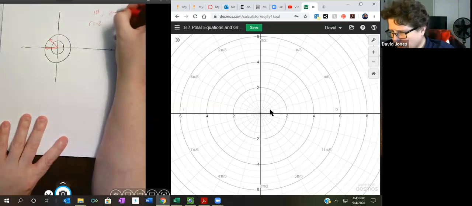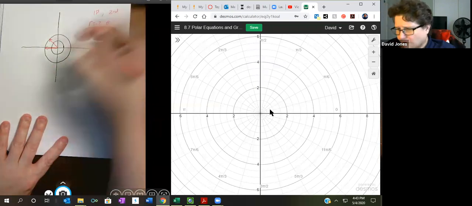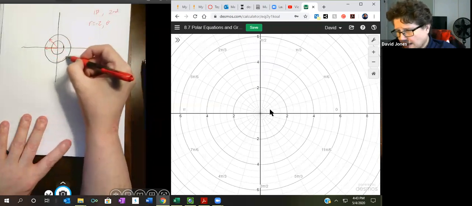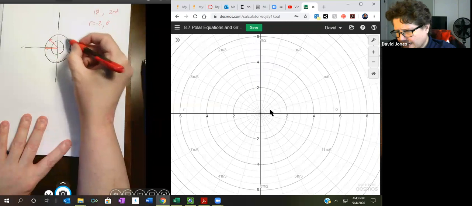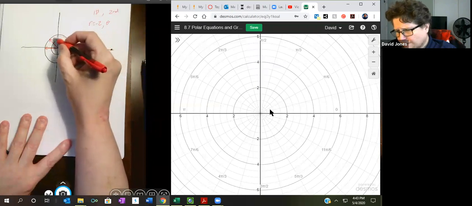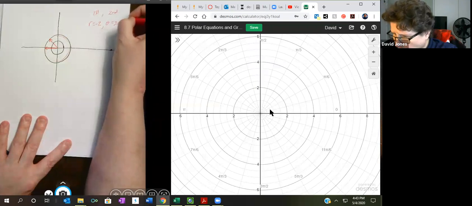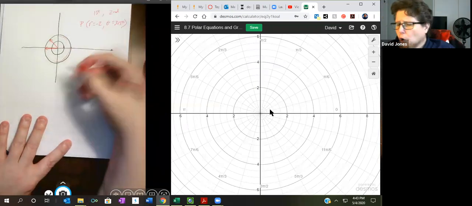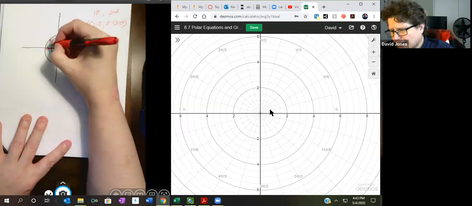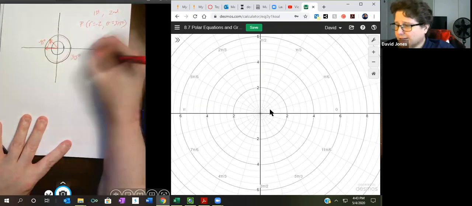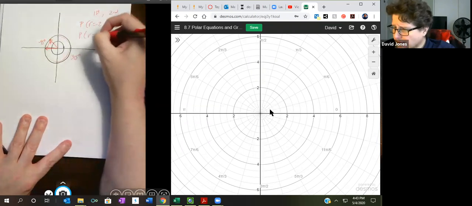And then second, I address theta. From here, I have to either rotate 180, 90 more is 270, 45 is 315. Or I have to rotate -45 degrees or positive 315 degrees. So those are my options.